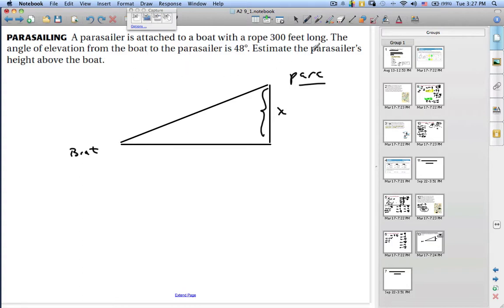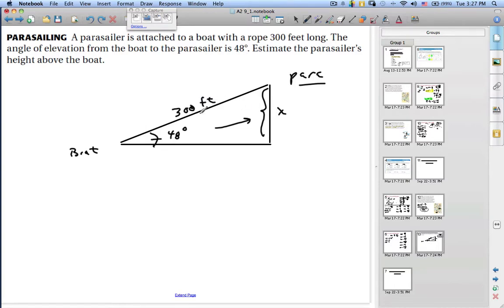So the rope is 300 feet long, so this would be the rope. The rope is the hypotenuse. And the angle of elevation from the boat, this would be the angle of elevation, would be 48 degrees. So I have side opposite is what I'm looking for. Hypotenuse is what I have.